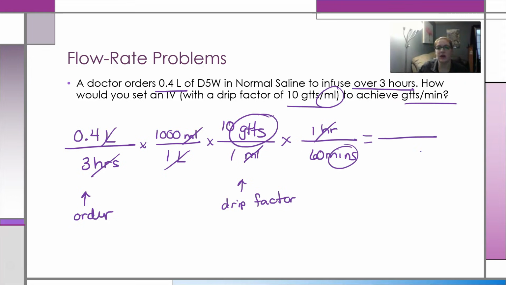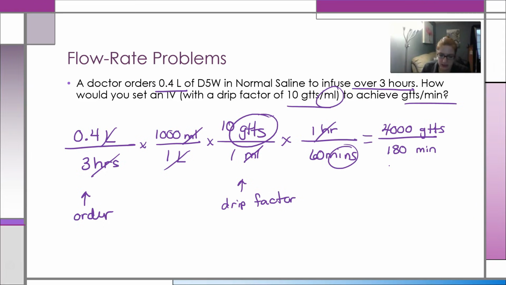Great. Multiply across the top. 0.4 times 1,000 times 10. 4,000 drops. The bottom, 3 times 60 is going to be 180 minutes. Okay.